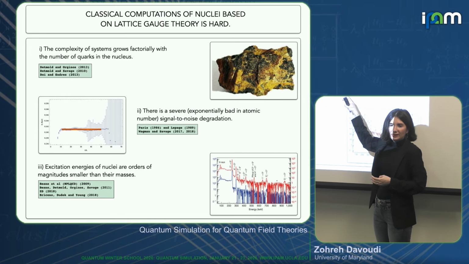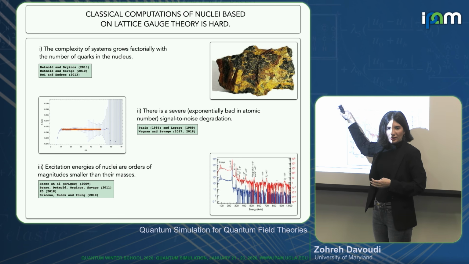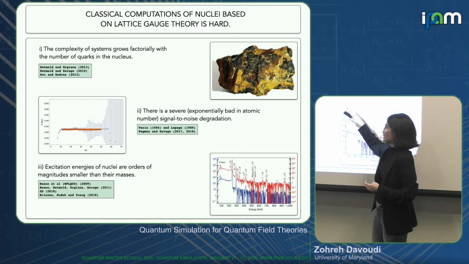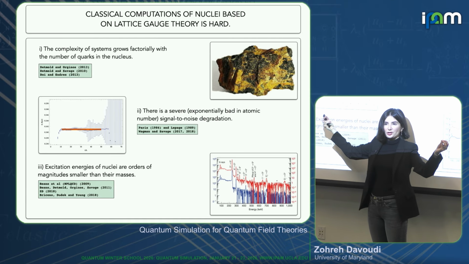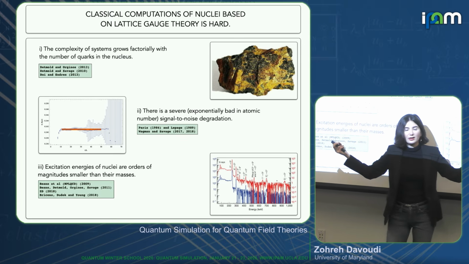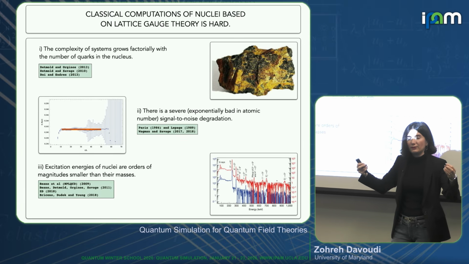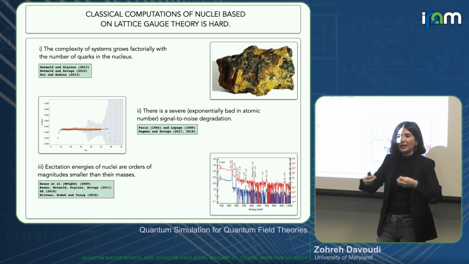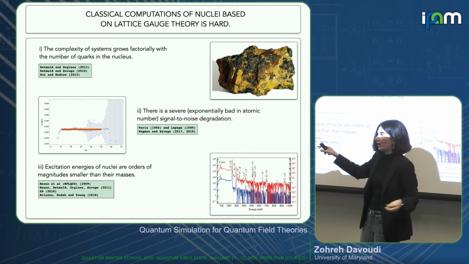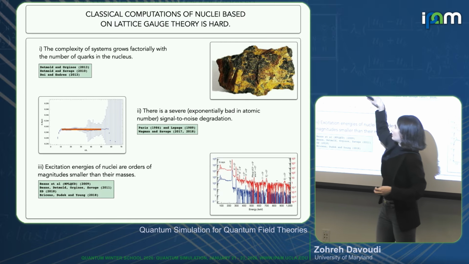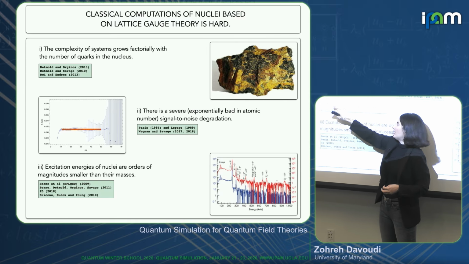There is number 2, there is a severe signal-to-noise degradation problem as a function of this Euclidean time. So for example, if you want to find the ground state from a 2-point correlation function, it's very similar to other contexts: give me a 2-point correlation function as a function of Euclidean time, and the ground state is going to dominate at late times. So if I see a plateau region, that would be my ground state.